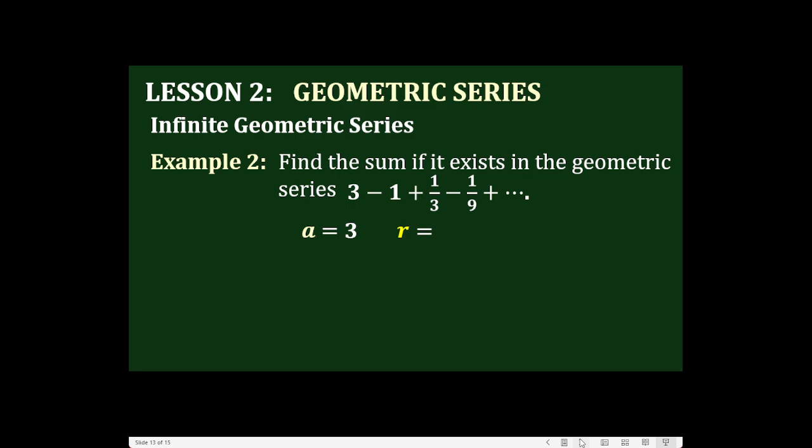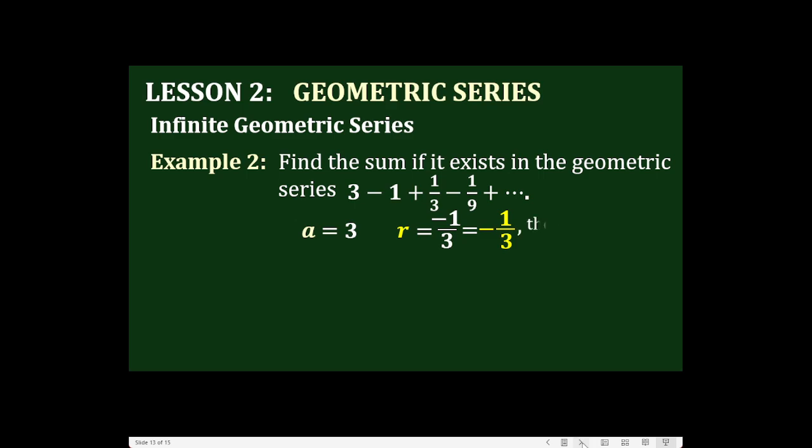We can find the value by dividing -1 by 3, or by dividing +1/3 by -1. The result for R is still the same, which is -1/3. The absolute value of -1/3 is simply 1/3, and we know that 1/3 is also less than 1.